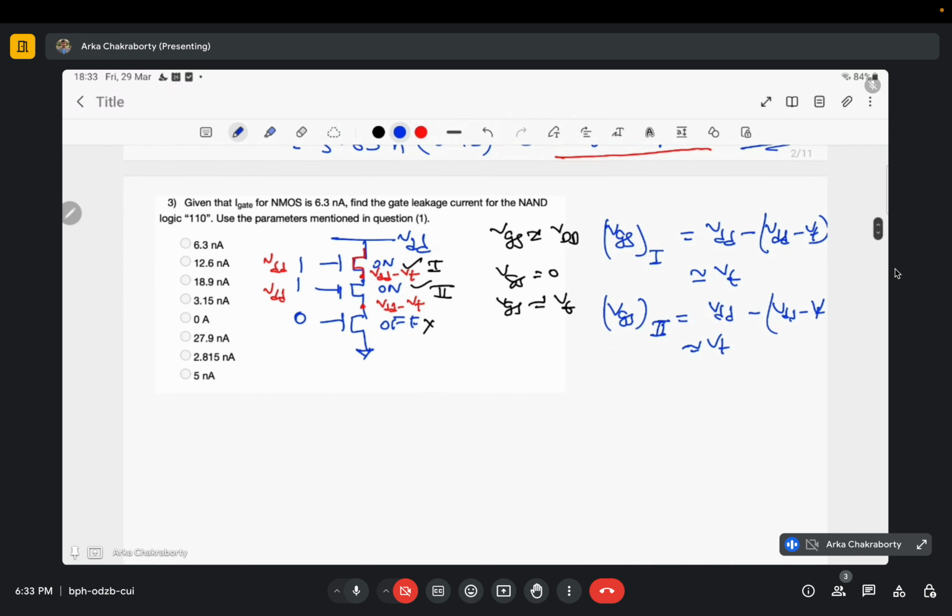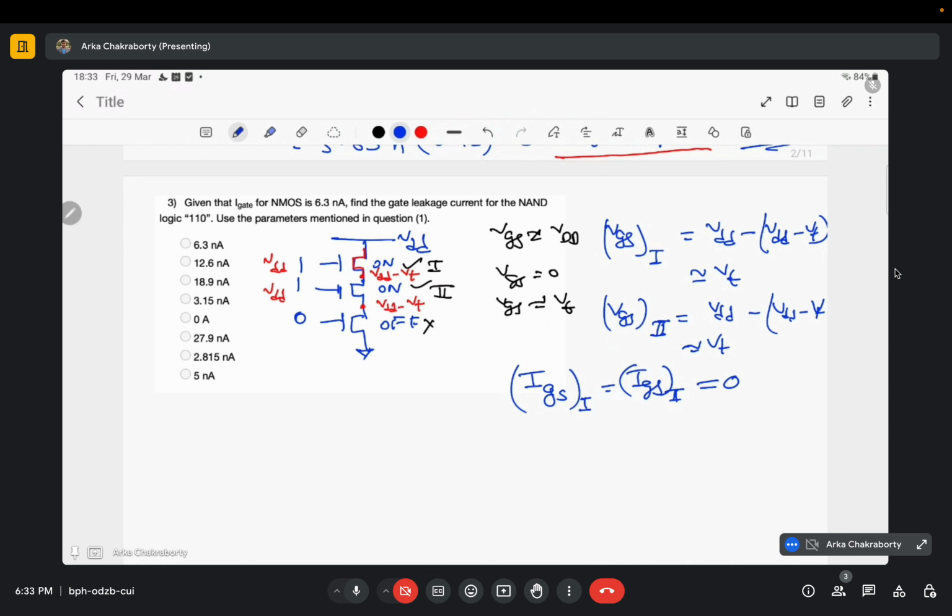As these VGS values are too small, my gate leakage currents, let me call them IGS1 and IGS2, would be negligible, almost zero.